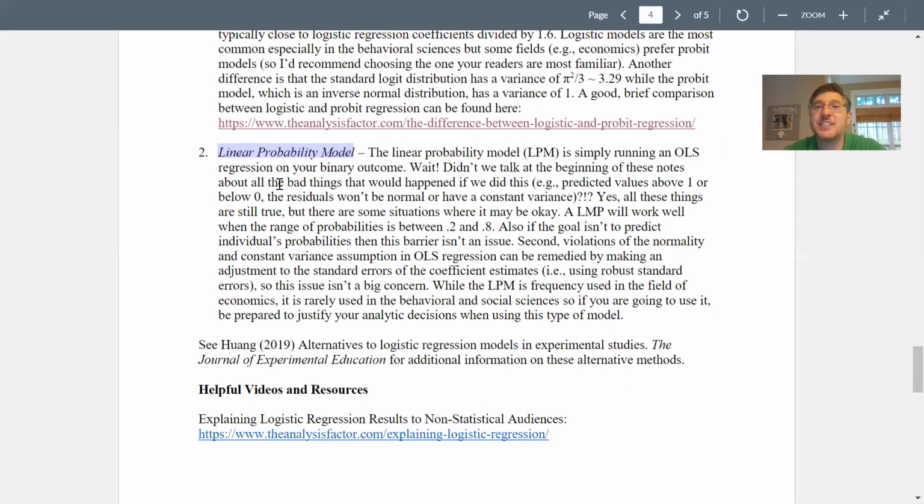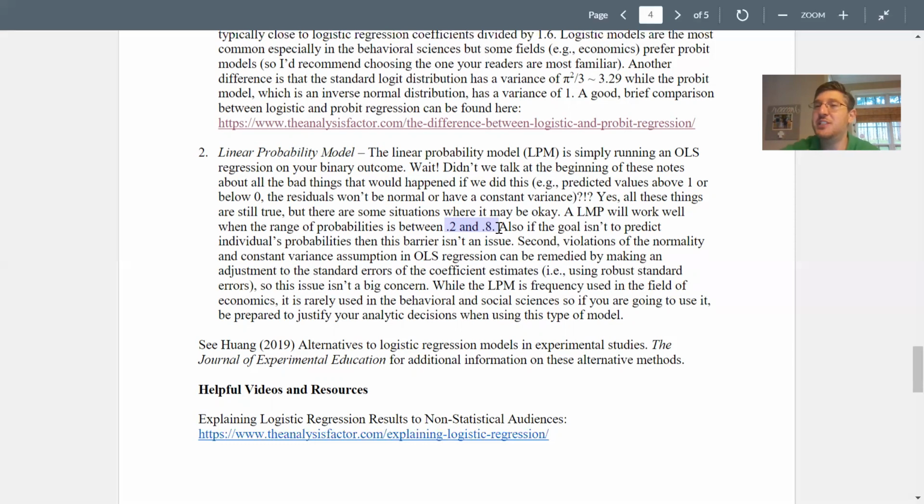All of those things are still true, but there may be some situations where it's okay to violate those assumptions. Some people will argue that the linear probability model works pretty well if the proportion of cases is between like .2 and .8, or if your goal isn't really to predict an individual's probability of being in one group or not, then maybe this isn't a big barrier.